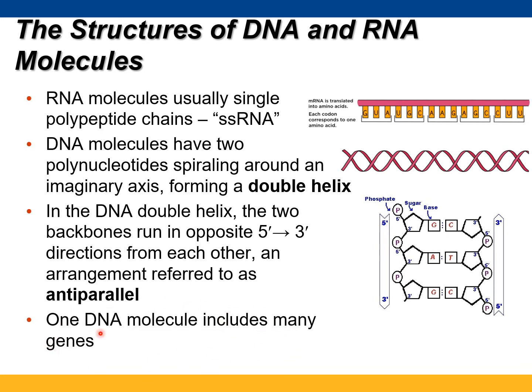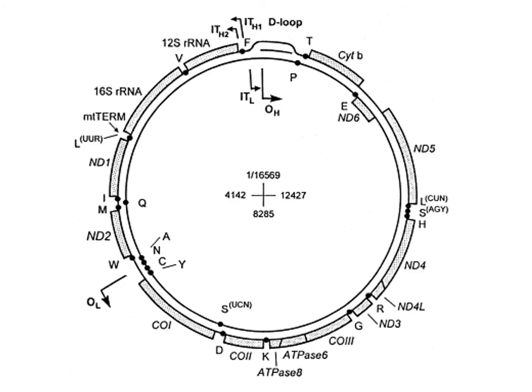And let me show you the picture in the next slide. This is a donut of double-stranded DNA shown in an abstract form here, somewhere around 16,569 nucleotides. This is the strand of DNA that we find inside the mitochondria of our cells.